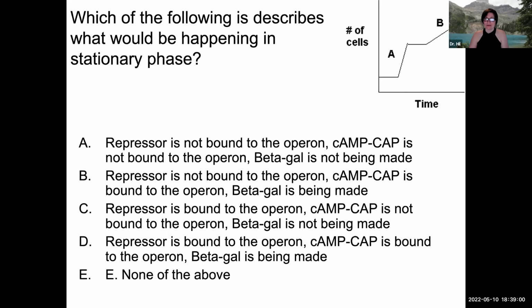Are we getting transcription, guys? RNA polymerase is there, but the repressor is in the way. Are we getting transcription, yes or no? That's right, we are not. Okay, so what is the answer?